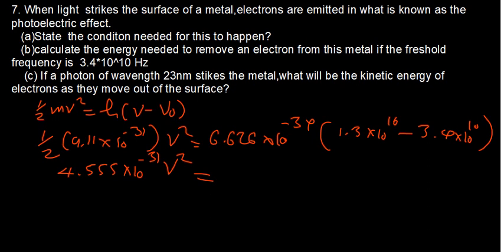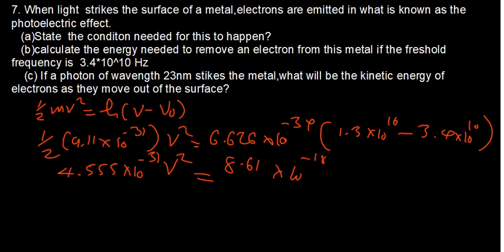We remove 3.4 by 10 to the power 10, and then we multiply by the Planck's constant, that is 6.626 by 10 to the power negative 34. So what we should be able to get is 8.61 by 10 to the power negative 18.